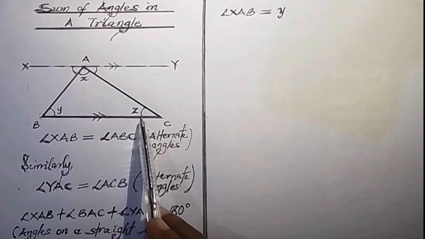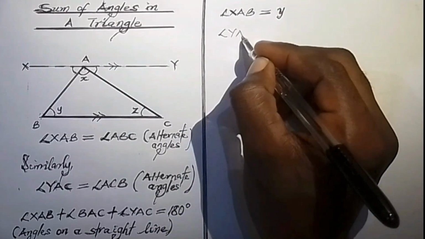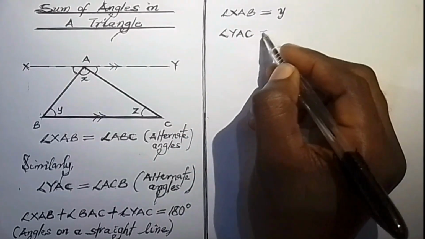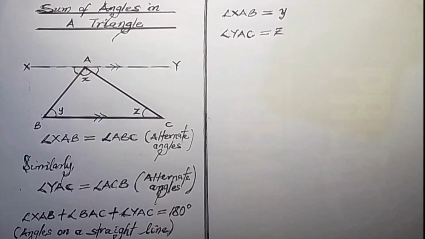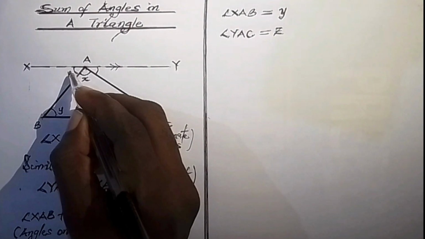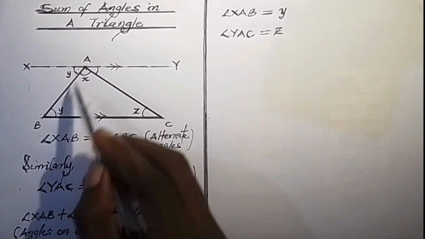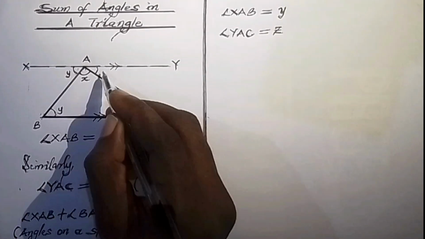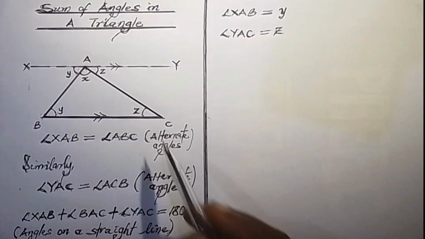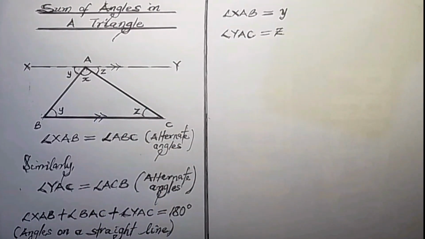Angle ACB is Z. This means angle YAC is equal to Z, meaning that we could write Y here because these two angles are alternate angles. They are equal. That is what this is telling us. And we could write Z here because these two angles are alternate angles and they are equal.